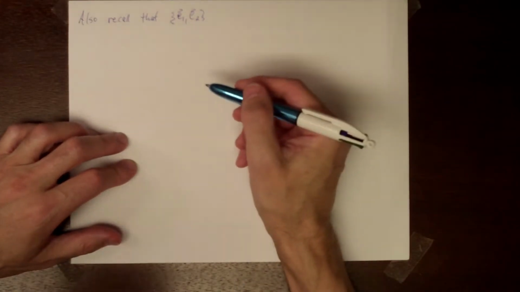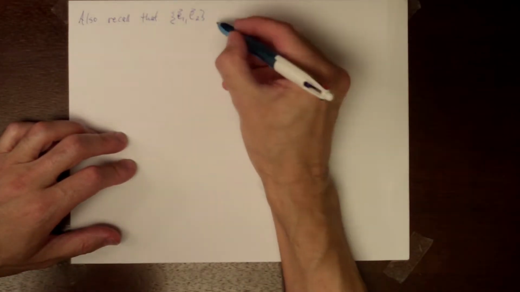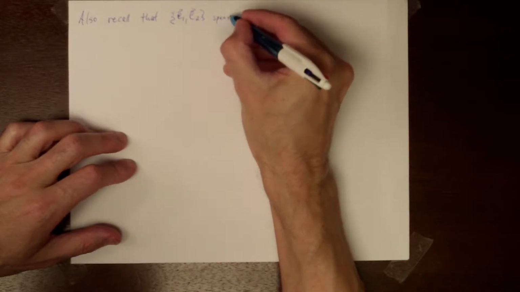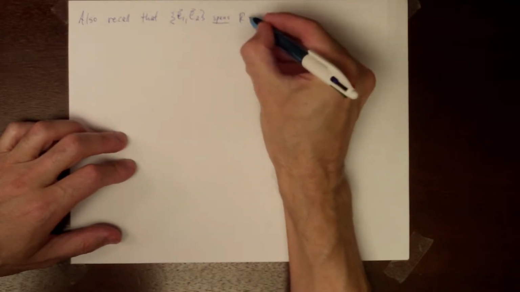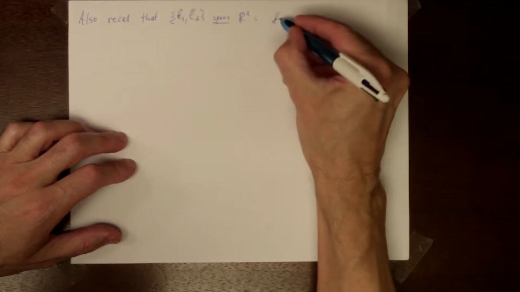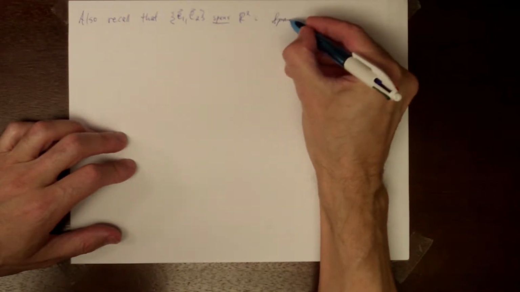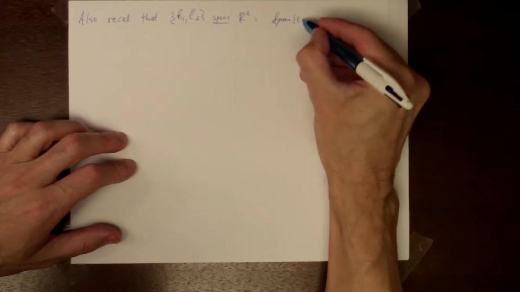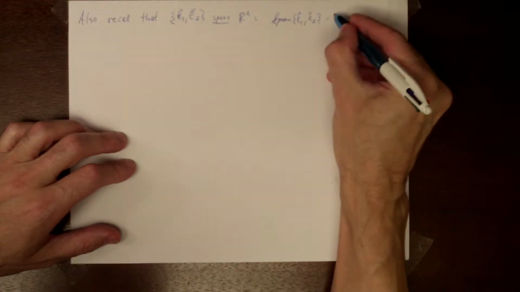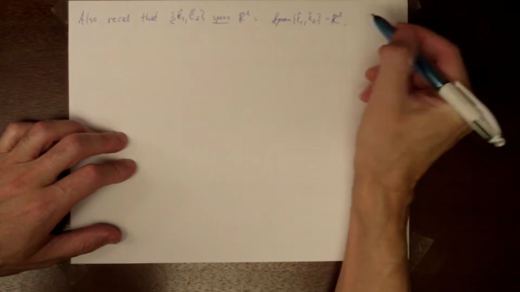The set of vectors E1, E2 spans R2. Notationally, we might write that as span E1, E2 is equal to R2.